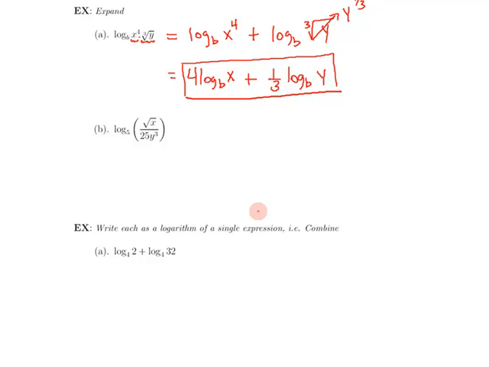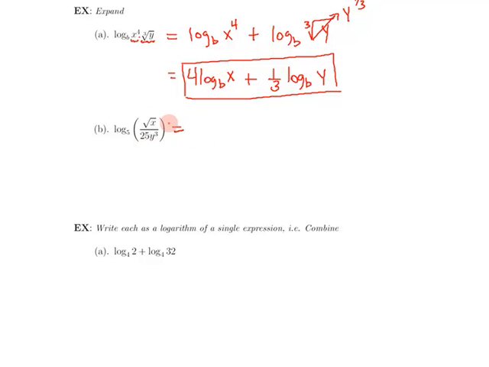Example B similarly has several of these functions involved. We've got division, we've got multiplication in the denominator, and we've got a radical in the numerator. Now, the easiest way to separate this into 2 functions to begin with would be the numerator and the denominator, so I would apply the quotient rule.